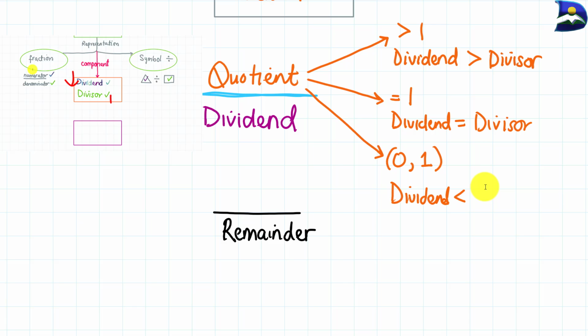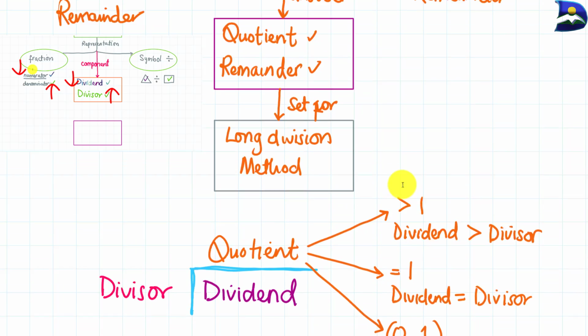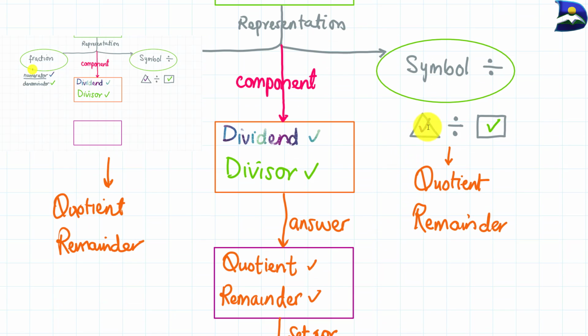Less than our divisor. And so what that means is that we have a proper fraction where our numerator is less than our denominator, or for our setup for division, the triangle, which is before the division sign, is less than the number after it.